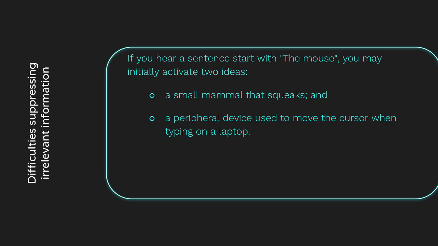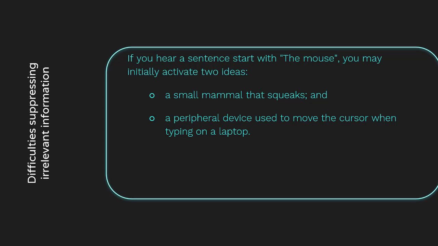Another thing that can pose problems is difficulties suppressing irrelevant information. So let's use our example of a mouse that I was talking about before. If you hear a sentence start with "the mouse," you may initially activate two ideas. Now, I've put them in the order that I activate them, which is different from young English children, it seems.